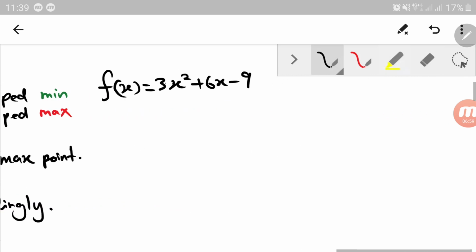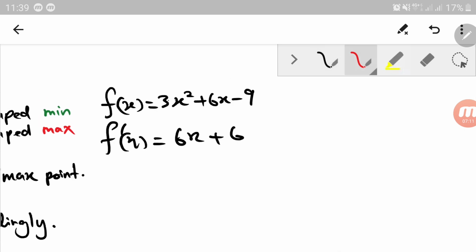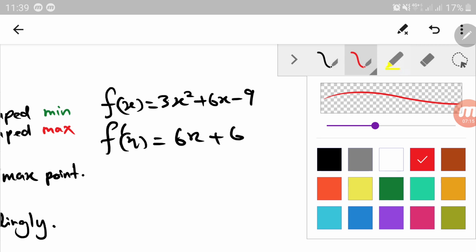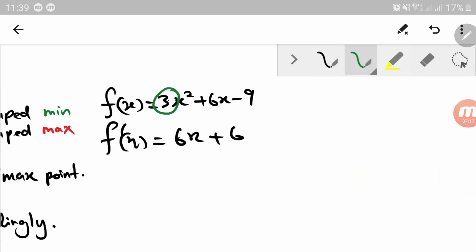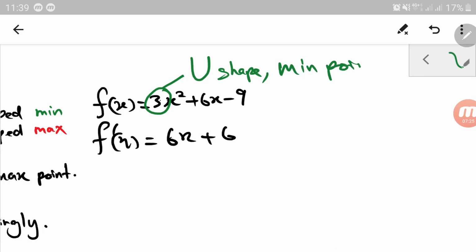Okay, now let's do the same example. So f prime is 6x plus 6. First step, what is this? It's positive, use green. Positive means smiley shape, and then we expect a minimum point.